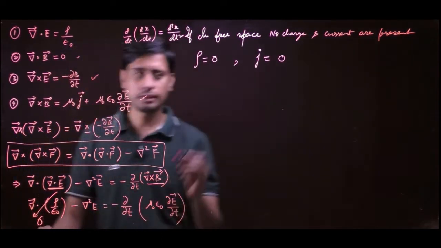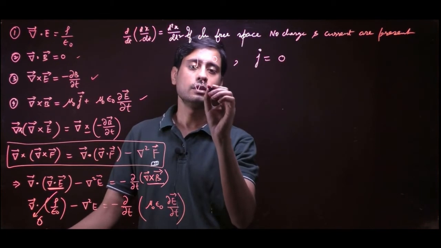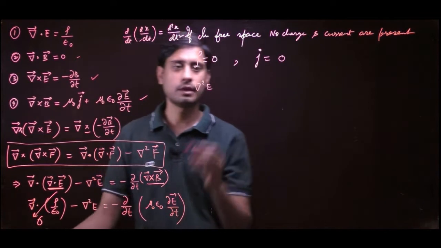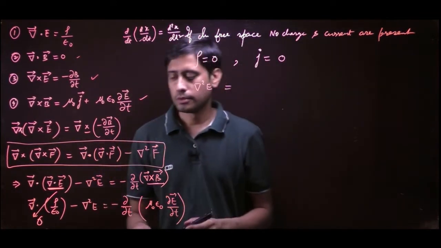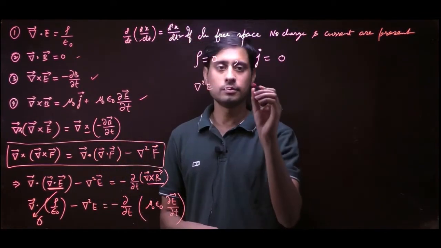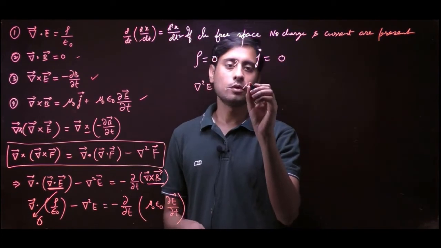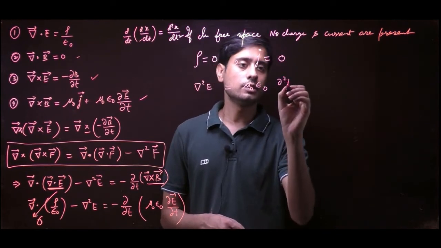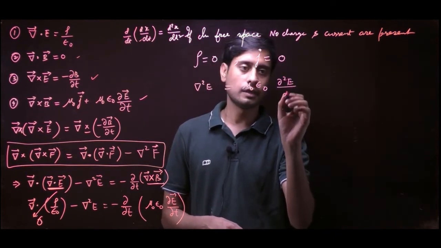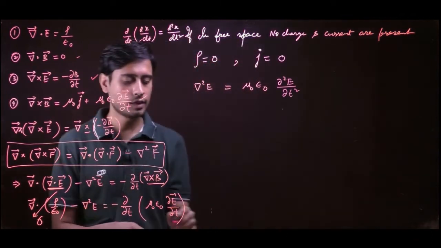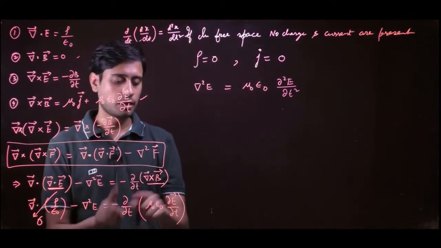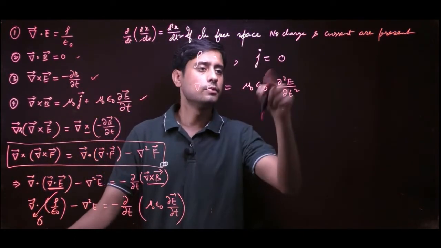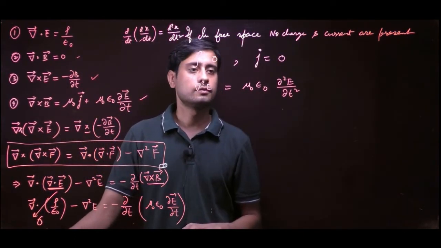So what you get is del squared E, because these two minus signs cancel, is equal to mu naught epsilon naught times del squared E upon del t squared. There is one derivative with respect to t, and again taking the derivative with respect to t gives you del squared E upon del t squared.